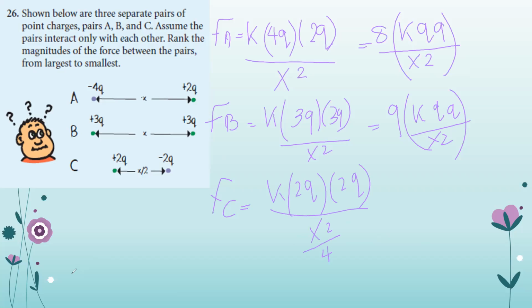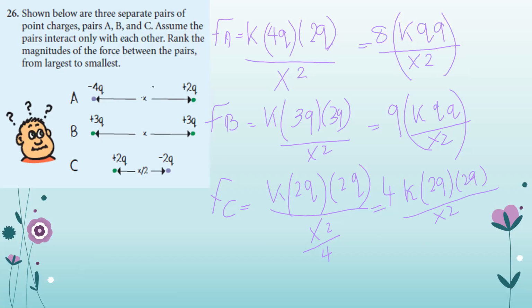So you can now write it as 4 times 2Q times 2Q over X squared; just write the reciprocal of it.